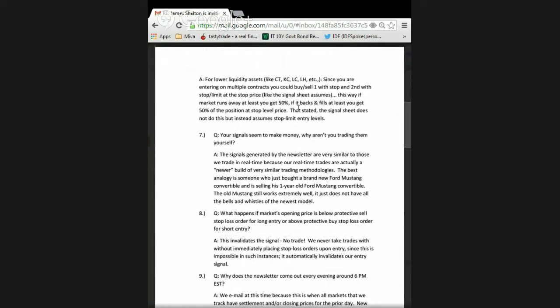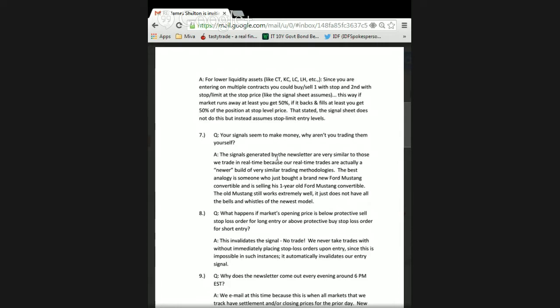So for the lower liquidity assets like cotton, coffee, live cattle, lean hogs, since you're trading at least 2 contracts, you could buy or sell one with a regular stop order, and then a second one with a stop limit order. That way, if the market runs and gaps away, at least you get 50% of your position. And if it does back and fill, at least you'll get 50% at the stop limit level.